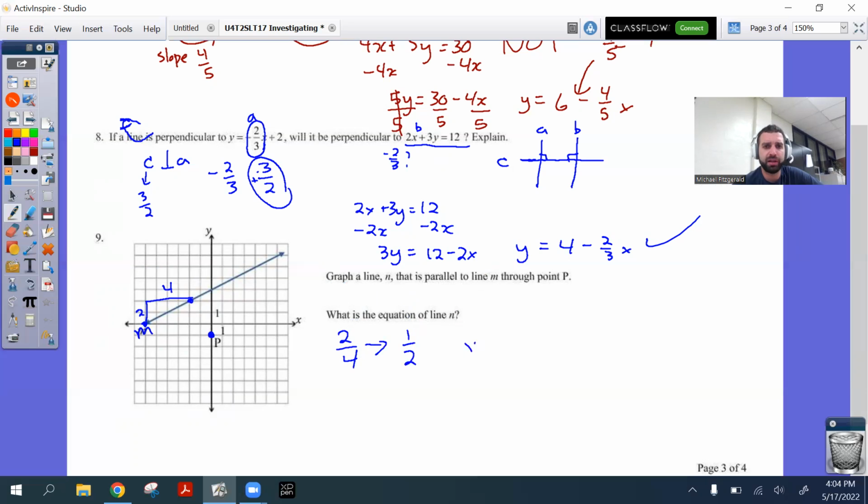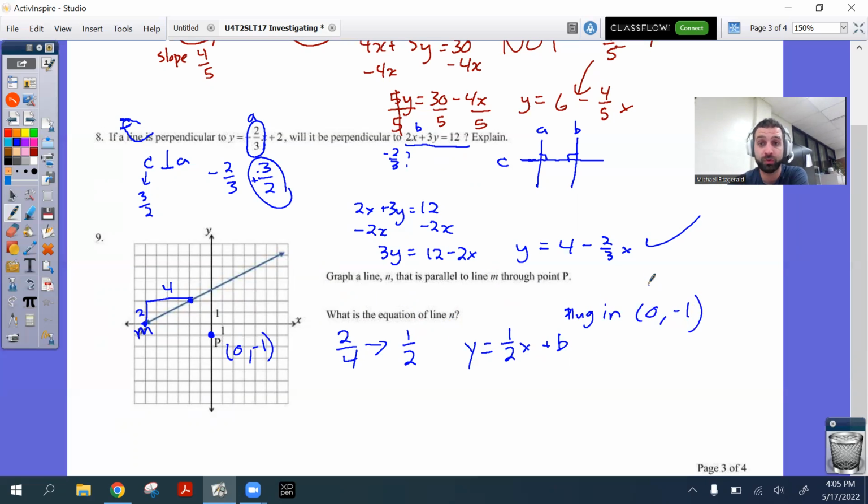So our line, and even though we can see the point P, I'll do this a long way. I'll say y is equal to 1/2 x plus b. We don't know what b is. B is the y-intercept. We can see it on the graph, but I'm doing it algebraically right now. So this point here is 0, -1. So I'm going to plug in the point that we're given.